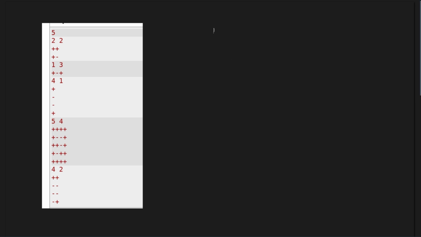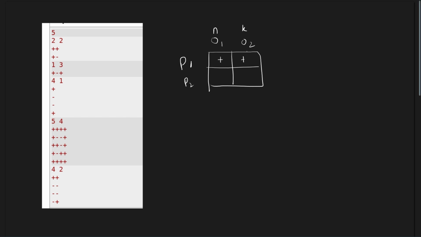There will be n people and k topics to talk about, or k opinions. For example, this is the first person P1, this is P2, and let us discuss the first sample test case, with opinion 1 and opinion 2. This is plus, which means person 1 agrees on opinion 1 as well as opinion 2. This is plus and this is minus, which means person 2 agrees on opinion 1 but disagrees on opinion 2.